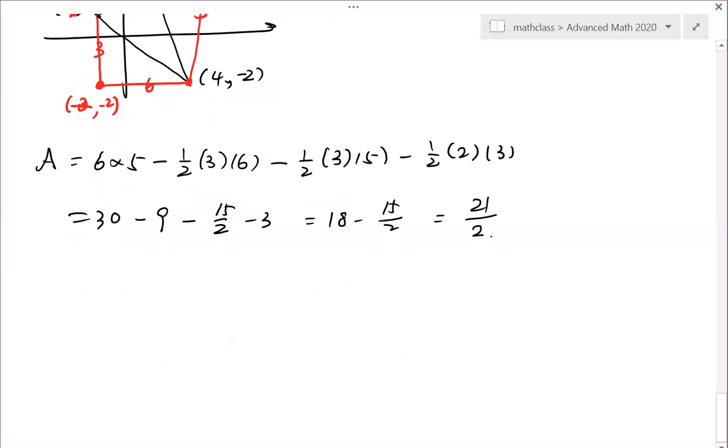All right. So our next problem is we are given the information. Okay. So we are told that this is a square.